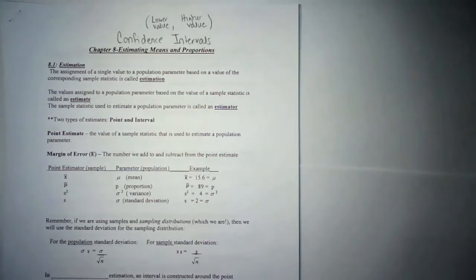So what you're basically saying is you are 90% sure the true value lies between those two numbers. Or maybe you're 95% sure the true value lies between those two numbers. So you're going to be estimating, and you're going to give a confidence level of how sure you are that the true value is in that little interval. So that's what we're doing.